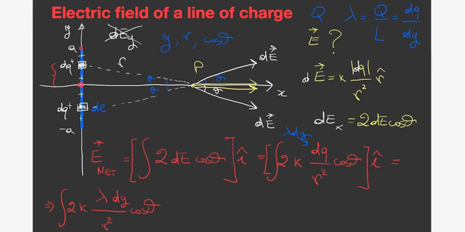Y is the distance between the origin of the reference frame and the location of the infinitesimal charge dq. I can write that y divided by the distance to the point P is equal to the tangent of theta.